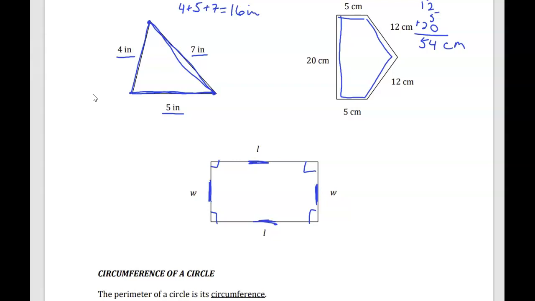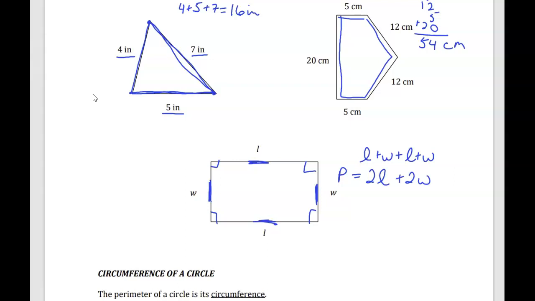And so I would have a length plus a width plus a length plus a width. And so I technically have 2 lengths, so 2 times my length plus 2 times my width is equal to my perimeter. And that's really all that I have.